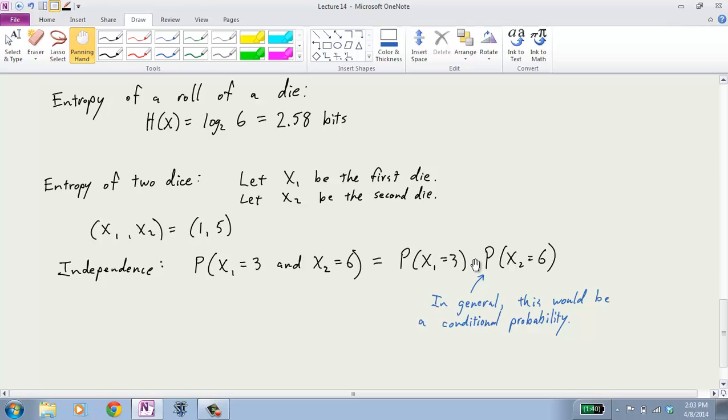And then you have a conditional probability of the second happening given you knew the first one happened, okay? And you multiply these 2 things together. It's a general way of expanding out probabilities of pairs into a product. Okay, it's a chain rule for probabilities.